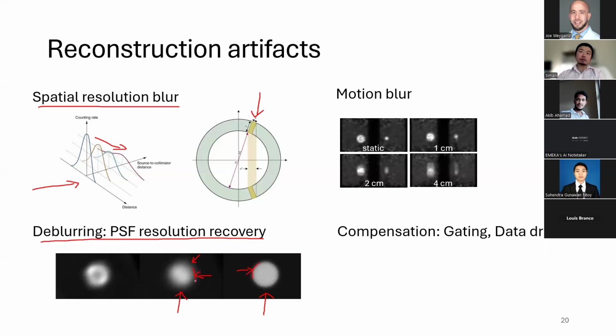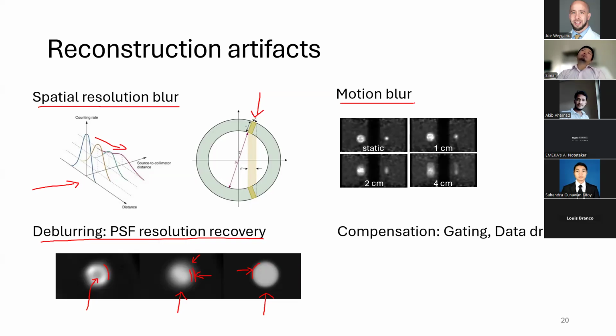Once you apply resolution recovery, the edge looks a little sharper, but it introduces an artifact. You see the center part becomes darker. This is a ringing artifact. The point that I'm trying to make is that you can try to correct for imperfections, but really what you're doing is trading one error for another.